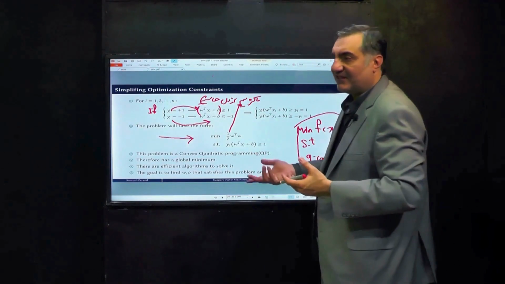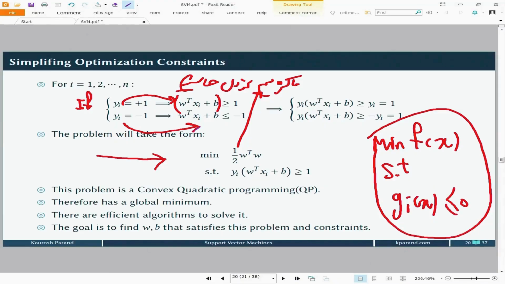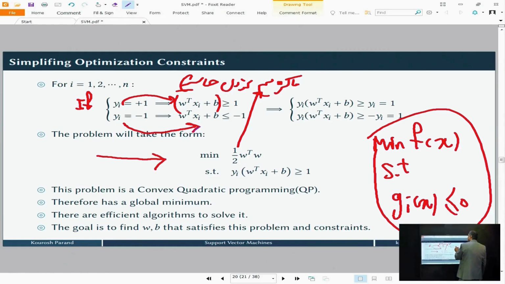This normalization technique is used a lot in optimization and operations research. So, we multiply Y_i in this yellow part. It becomes Y_i times W transpose X_i plus B. For the inequality direction, because Y_i equals -1, the direction of the inequality changes, and it takes this form.